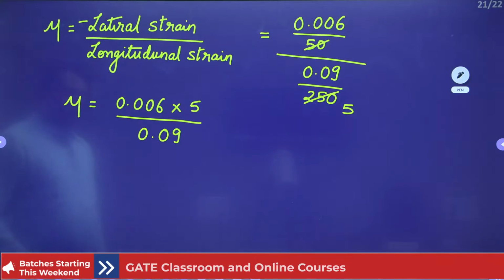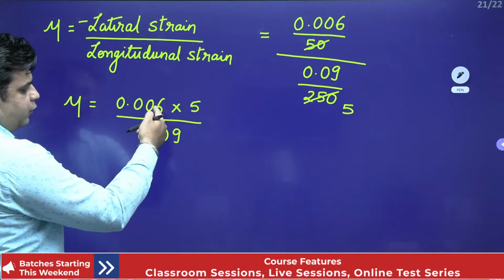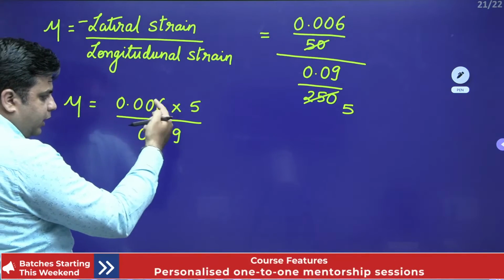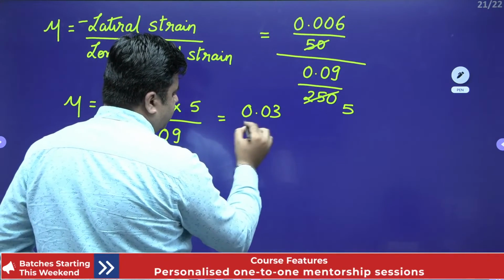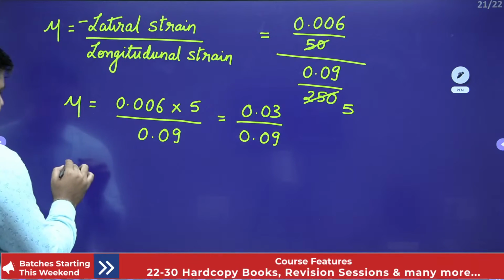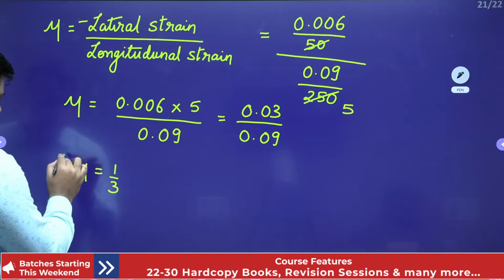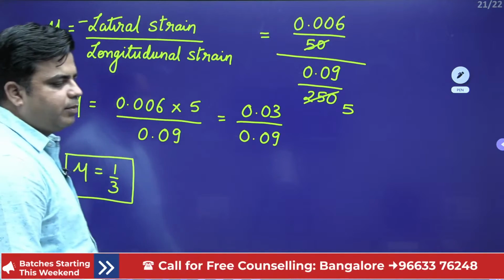When you multiply 5 with 0.006, this will be 0.03. So 0.03 divided by 0.09, and your mu comes out to be 1 by 3.